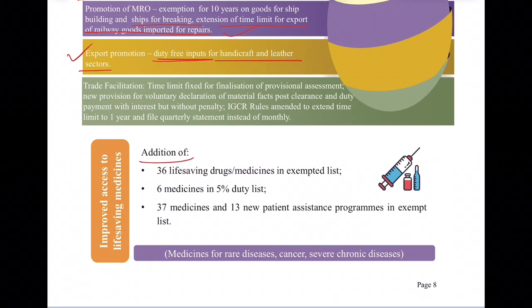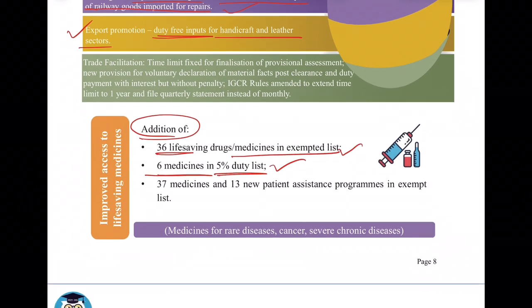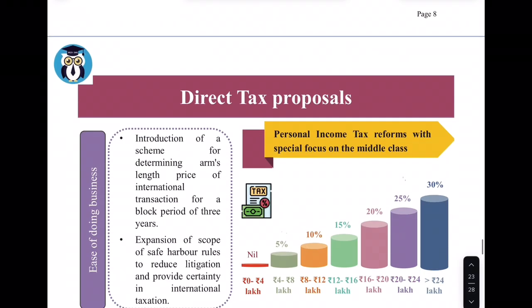There is the addition of 36 life-saving drugs in the exempted list, 6 medicines in the 5% duty list, and 37 medicines and 30 new patient assistance programs in the exempted list. So medicine for rare diseases, cancer, severe diseases, these are targeting humans.